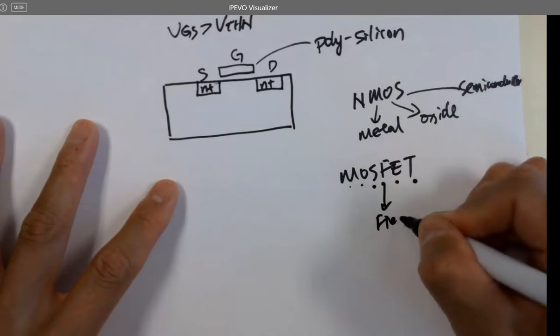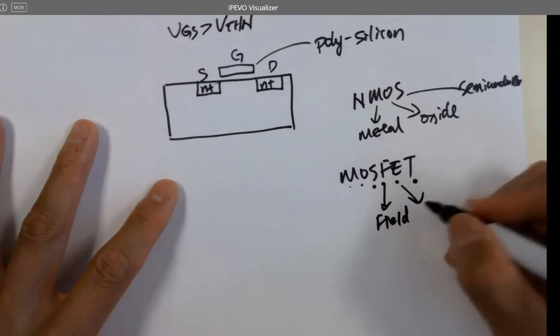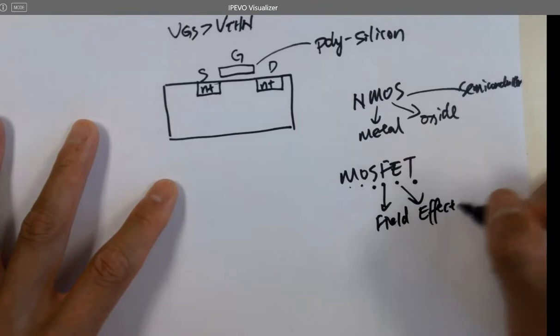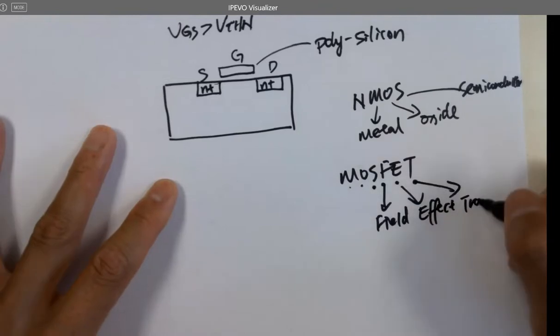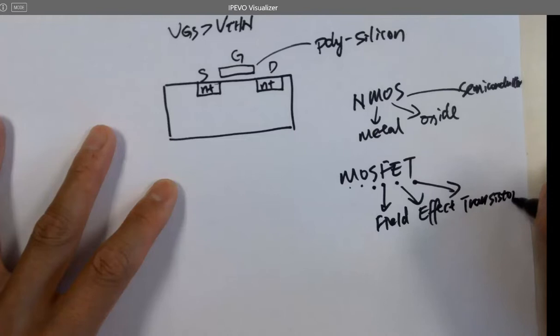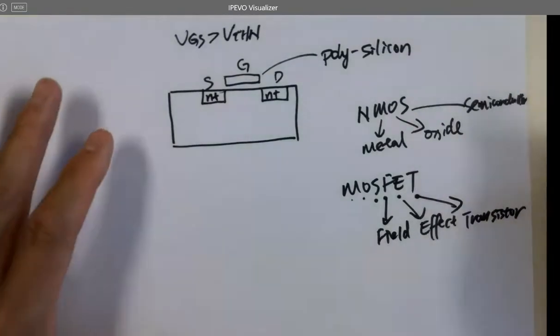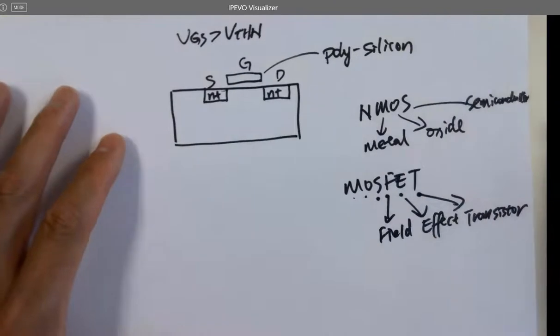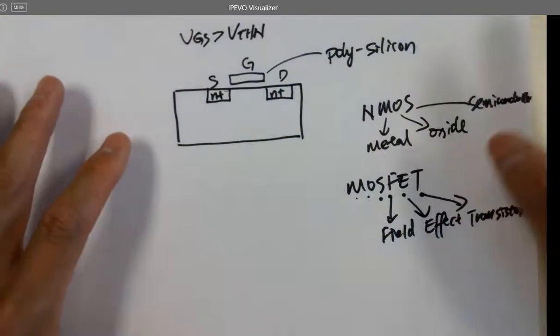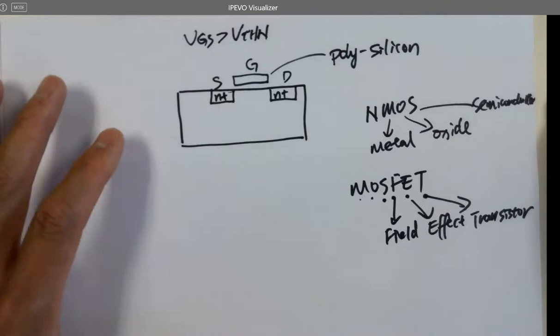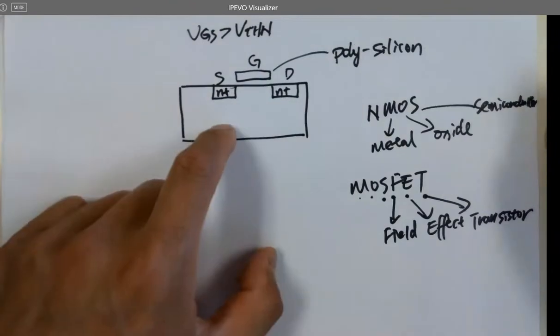Compared to the BJTs or bipolar transistors, these are relatively newer and being used everywhere in your modern electronic devices. It consumes less power than the BJTs.